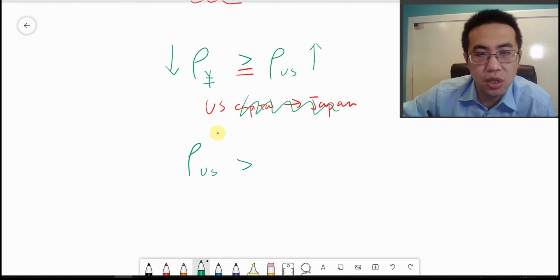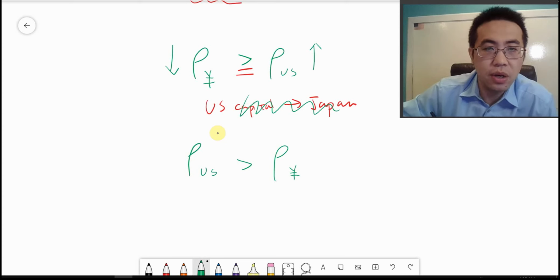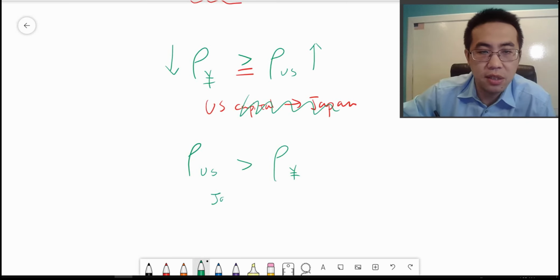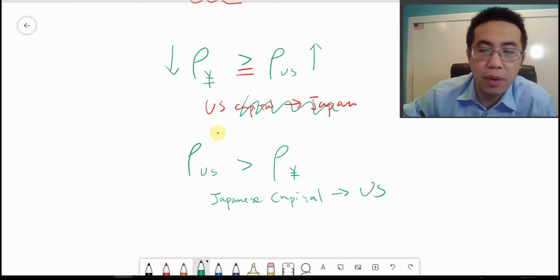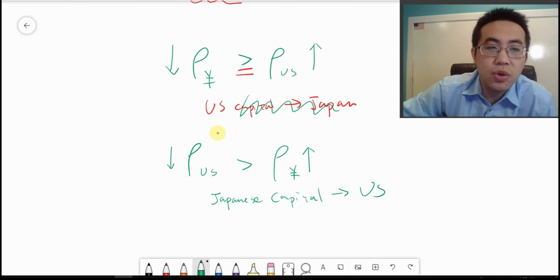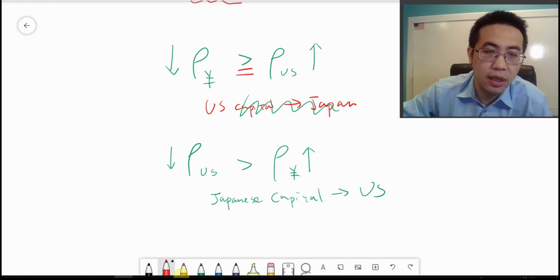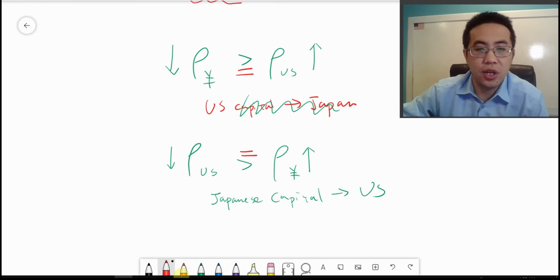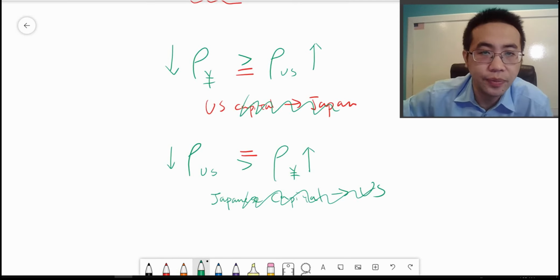If the US real interest rate is greater than the interest rate in Japan, then Japanese capital flies to the US. People will borrow from Japan and invest in the US. So the Japanese rate will increase because there is more and more demand for capital, and the US real rate will go down because there is more and more supply. The result would be, again, that both sides equalize each other, and then this capital flight will disappear.